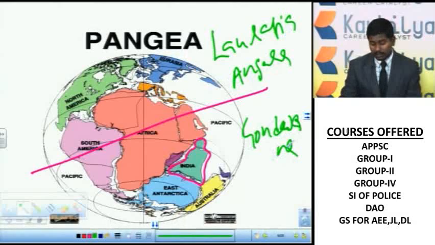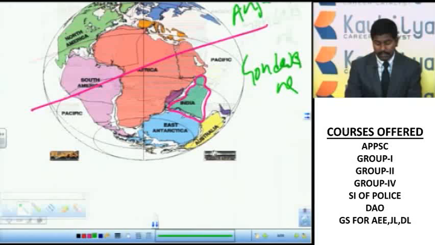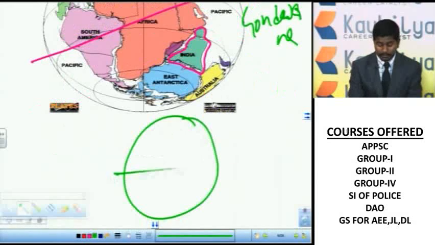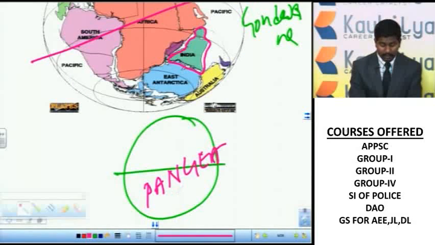Remember this point. Pangaea was broken into two parts: Angara land and Gondwana land.